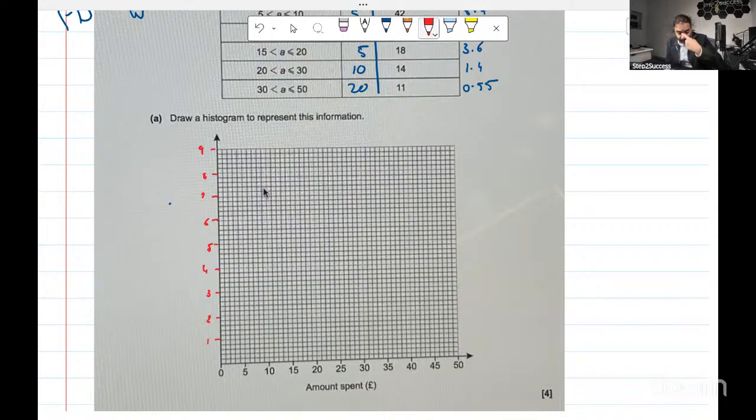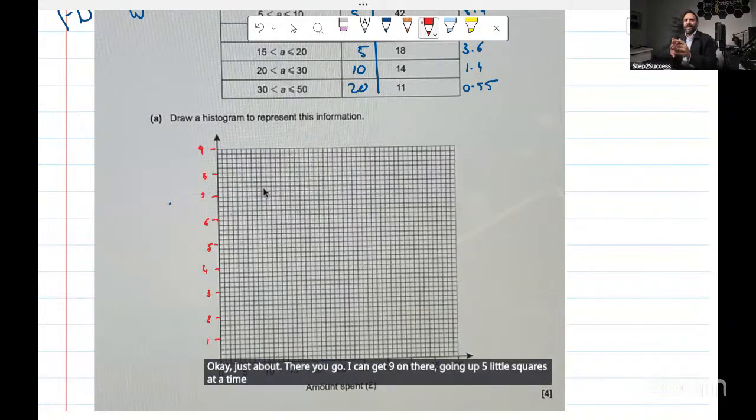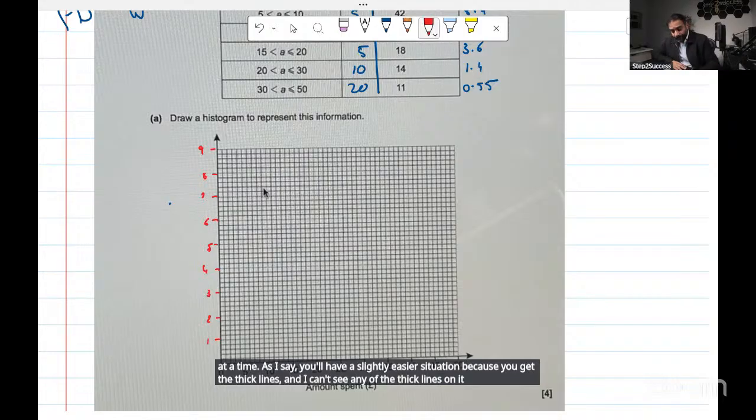Okay, just about. There you go. I can get nine on there, going up five little squares at a time. As I say, you'll have a slightly easier situation because you get the thick lines, and I can't see any of the thick lines on here. So one, two, three, four, five, six, seven, eight, nine.